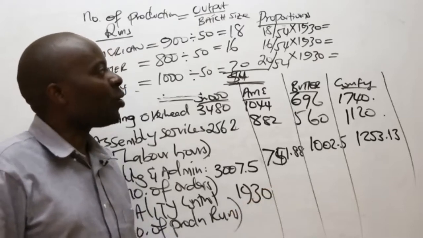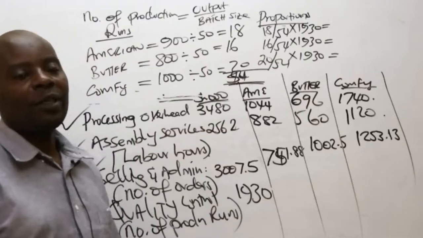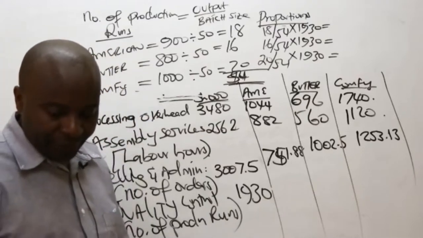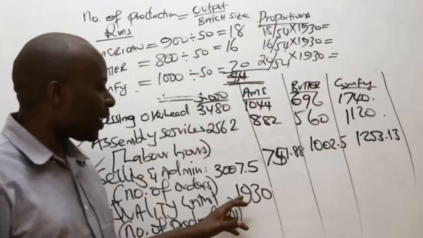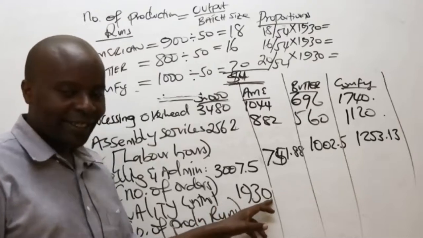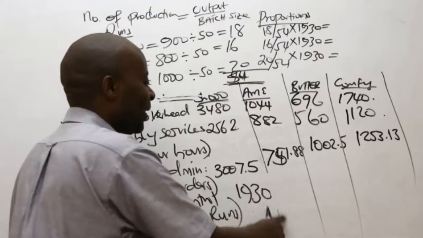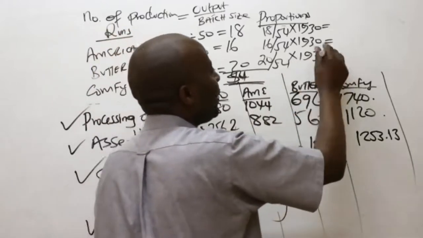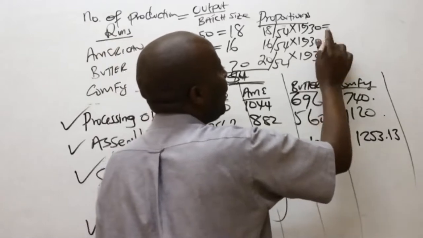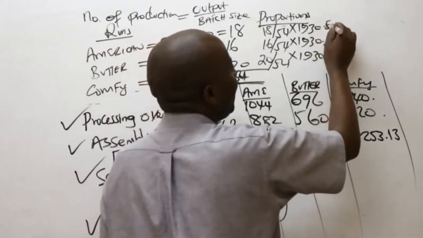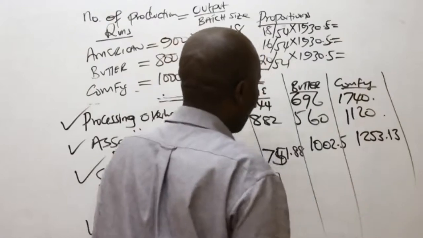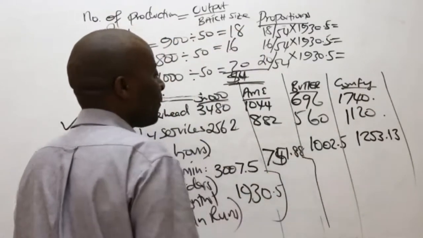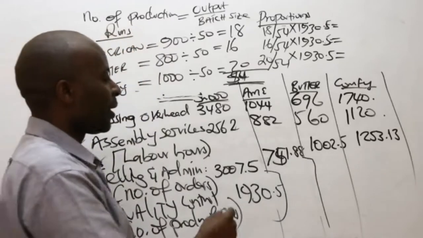18 over 54 times 1930.5 will give us what figure? It's a correction: this is supposed to be 1930.5. Thank you for that. So American first: 643.5.